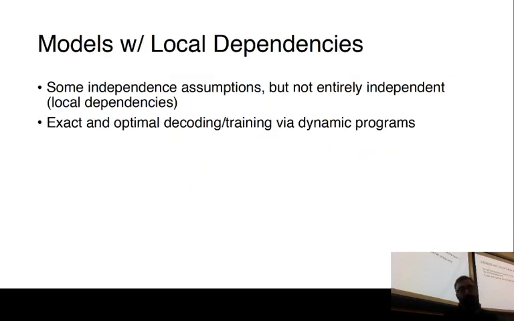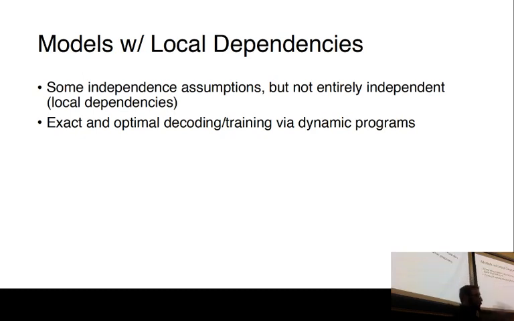So basically all of these models with local dependencies have issues. If we assume complete independence, then we have the problem of potentially incoherent output. If we have a history-based model, again with an RNN, we will have these problems of exposure and label bias.